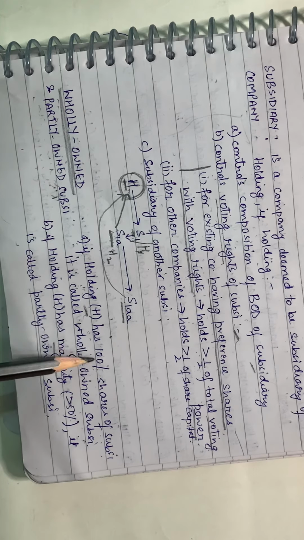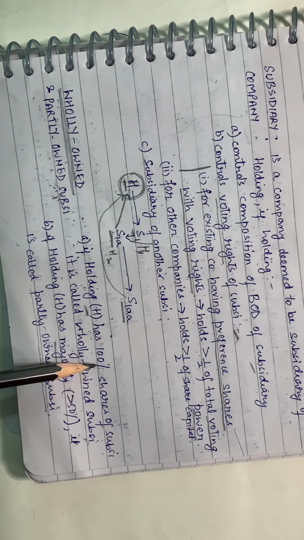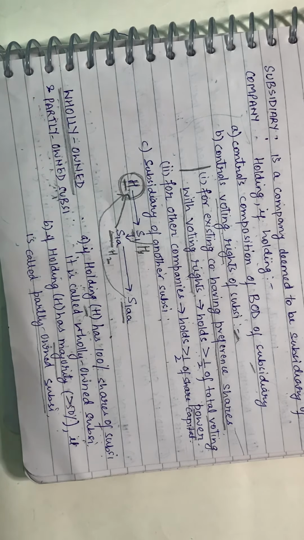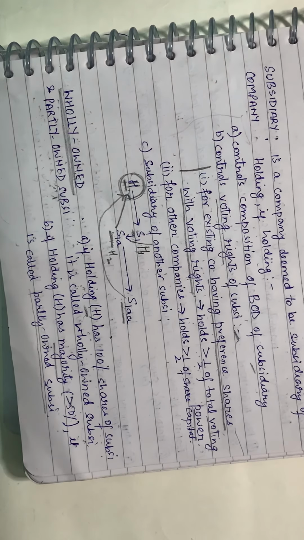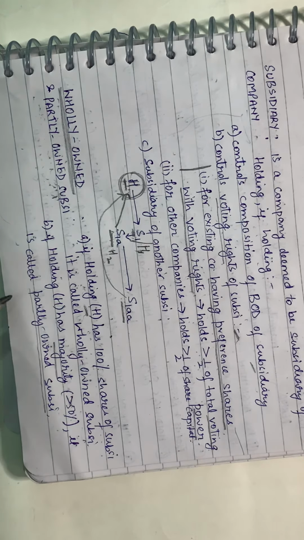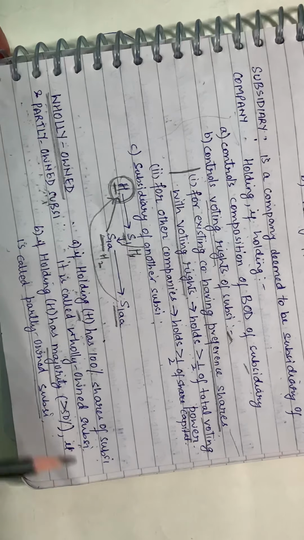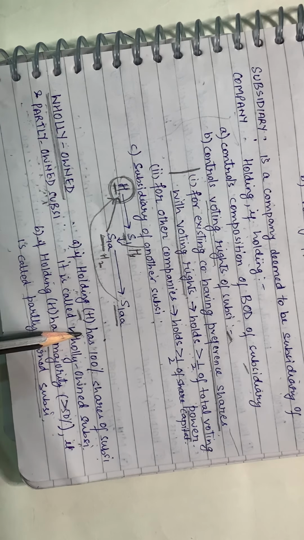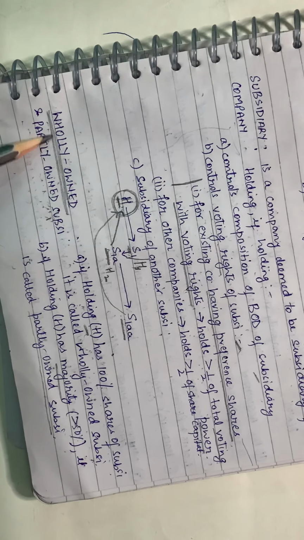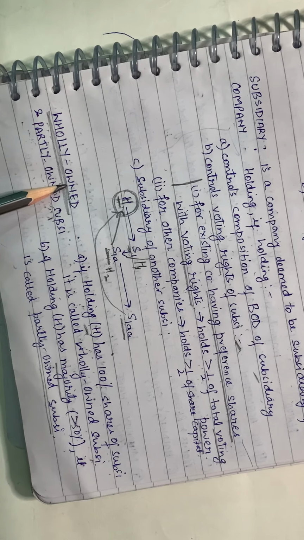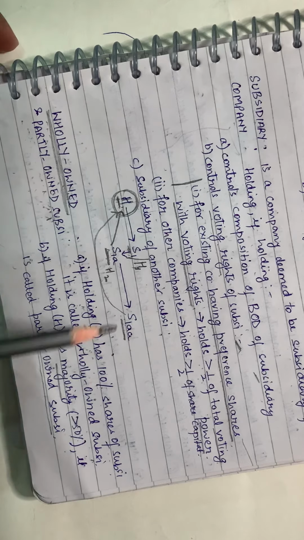If the holding is having 100% shares in the subsidiary, it is called the wholly owned subsidiary. And if the holding is only having majority, not full 100%, it is called the partly owned subsidiary. Now first we will do the question on wholly owned subsidiary and try to do the first step, that is eliminating the investment done by the holding in the subsidiary.